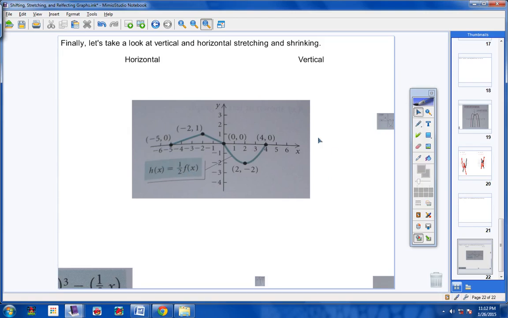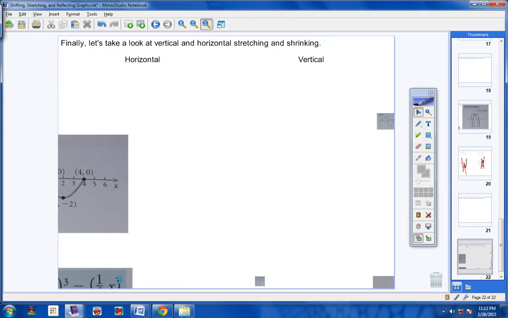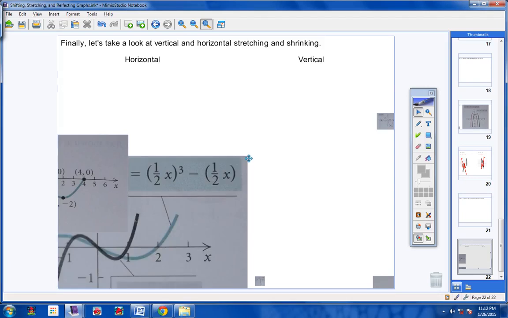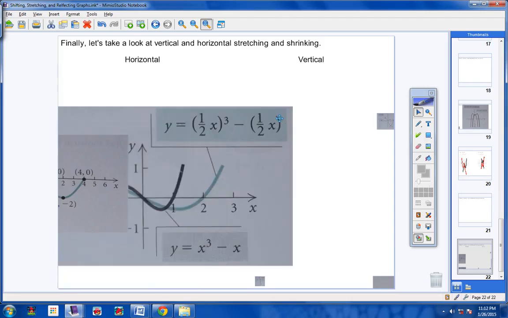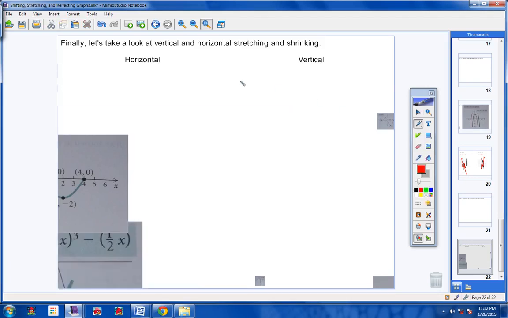So let me give you an example. Back to this example over here: y equals 1/3 x cubed minus x. If you want an example, write this down, please. If you have an original function like this, and then you multiply each term by, let's say, 1/2, please notice I did not multiply the 1/2 directly to the x.